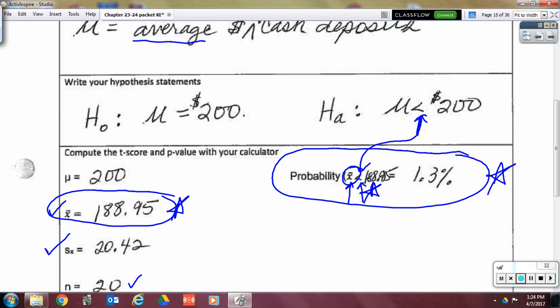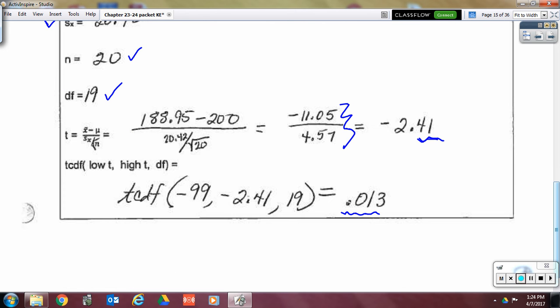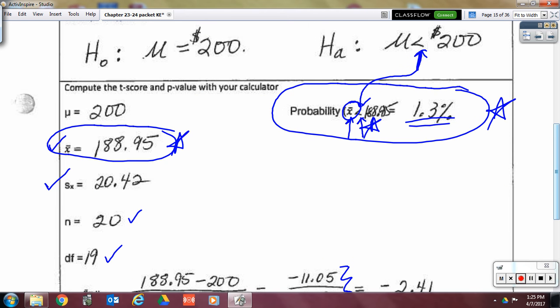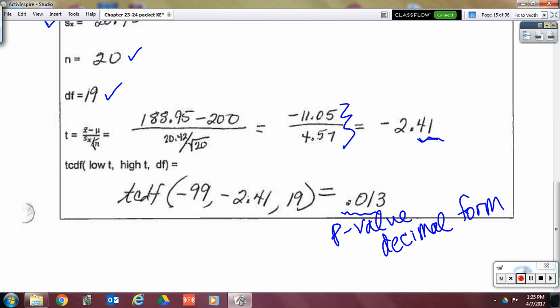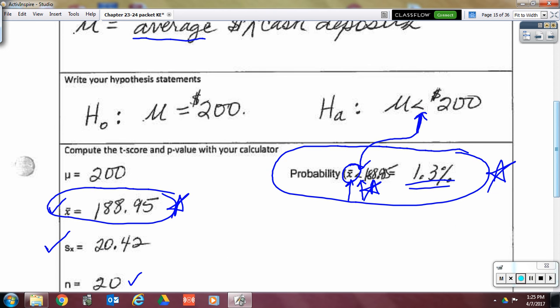Then this is the p-value in decimal form, and this is the p-value in percent form. How did I go from decimal form to percent form? I moved the decimal twice. That's what you're going to write up here.